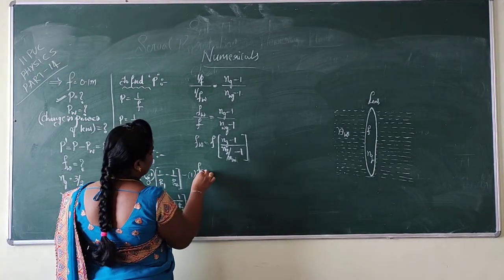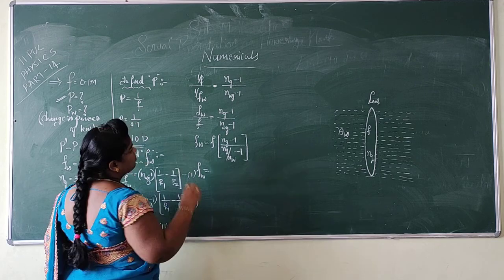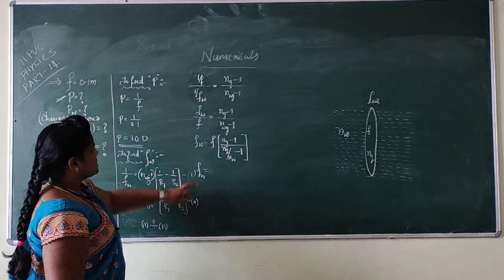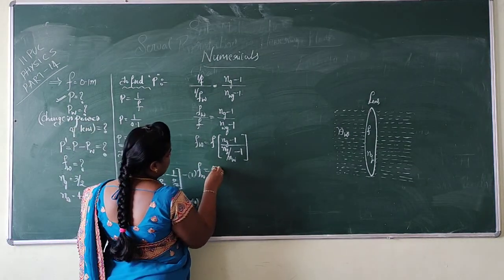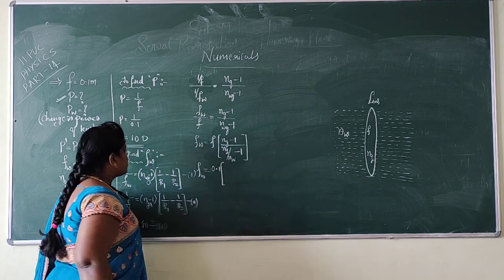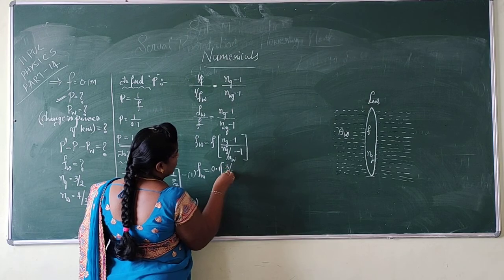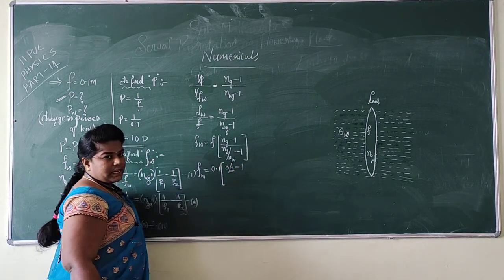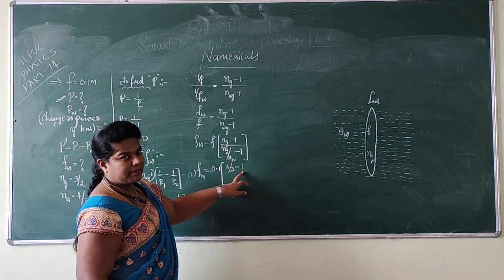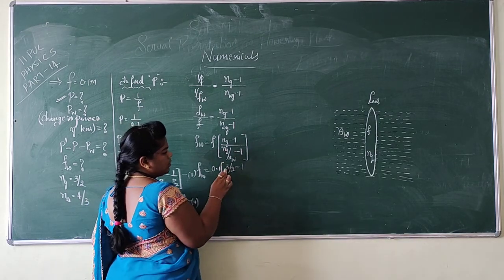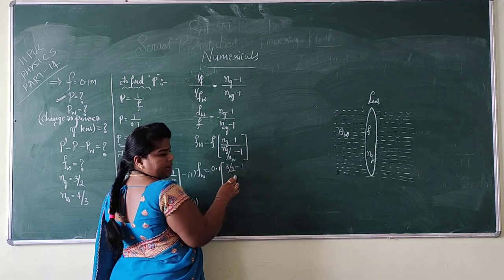So now Fw is equal to, what is F? 0.1. What is Ng? Ng is 3 by 2 minus 1. See, 3 by 2 minus 1 can be written as 1 by 2, because 2 is the LCM, 3 minus 2 is 1.